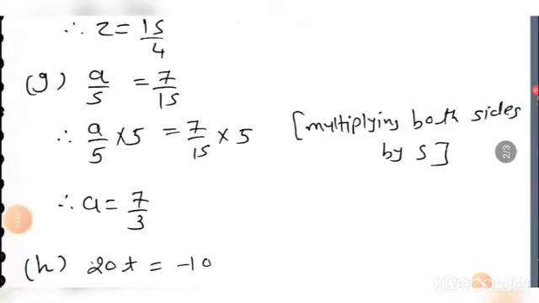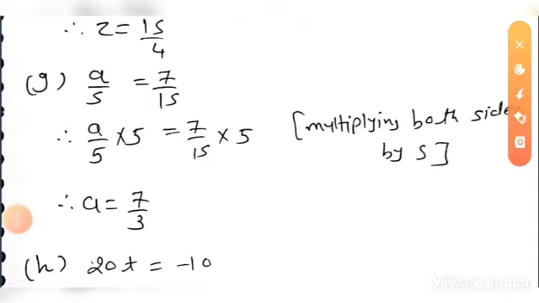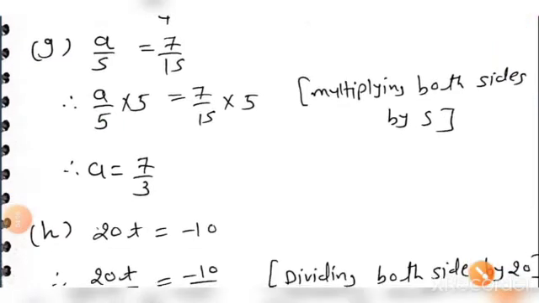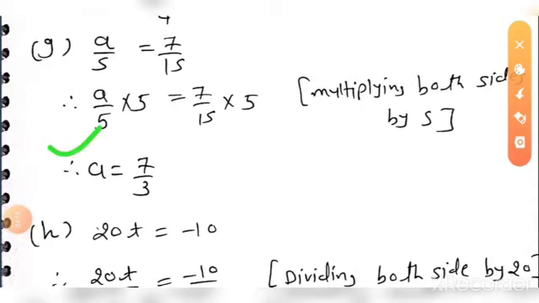In that, we multiply both sides of that equation by 5: a upon 5 multiplied by 5 and 7 upon 5 multiplied by 5. So a is equal to 7. Okay, multiply both sides by 5.